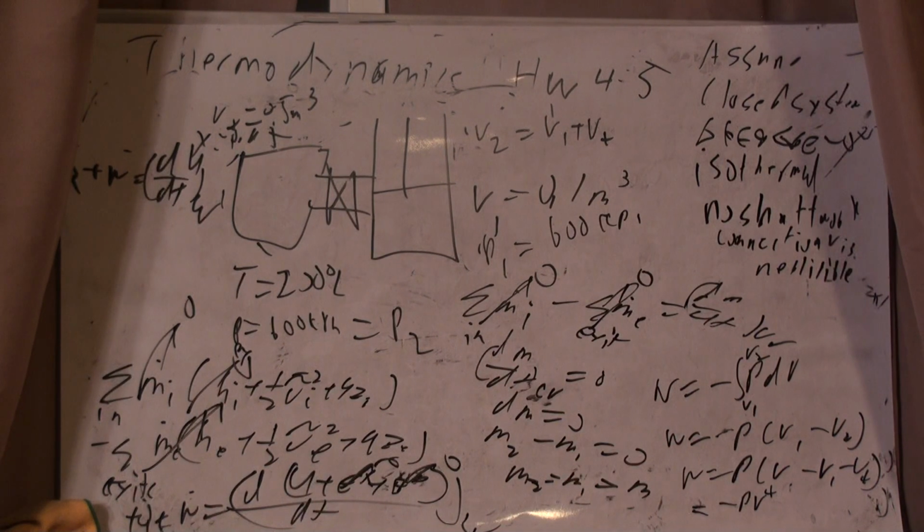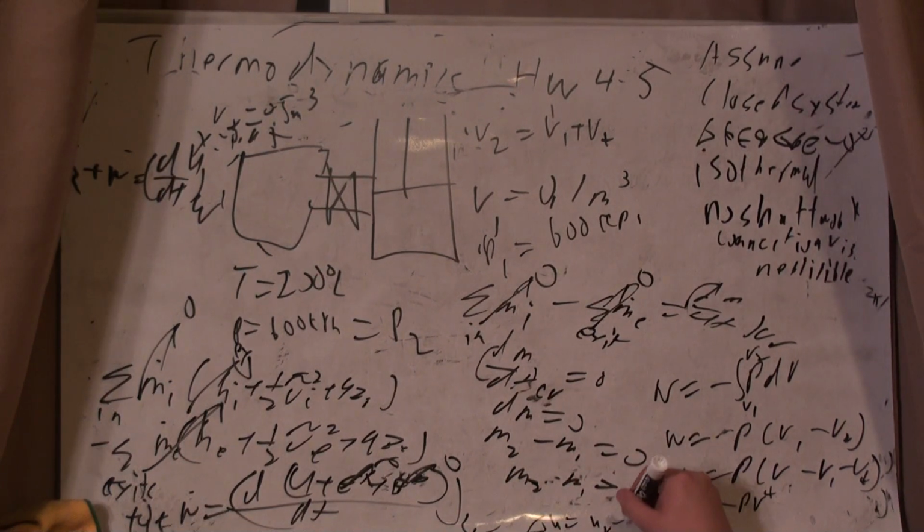It also wants to know what delta U is going to be. Well, delta U is again pretty straightforward. Delta U is just going to be U2 minus U1.